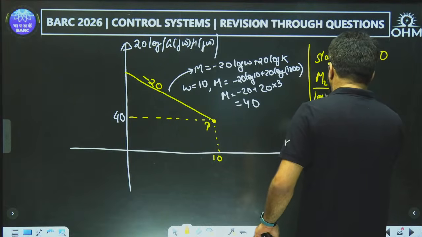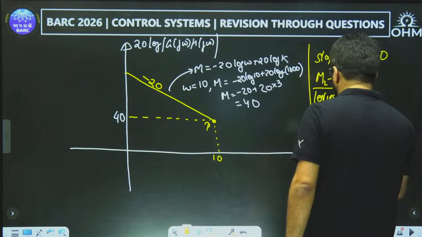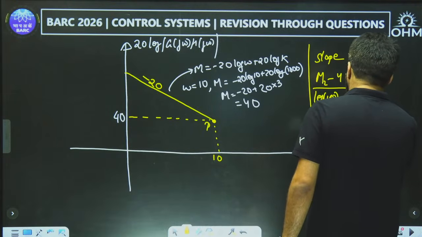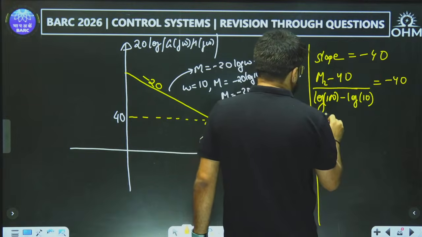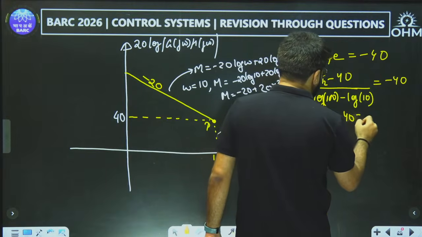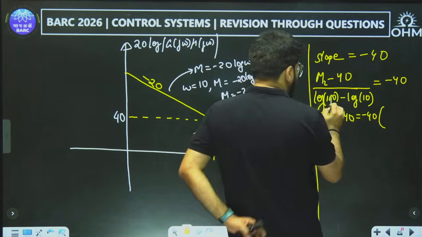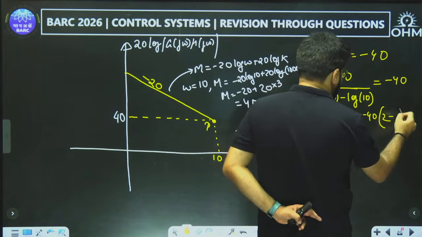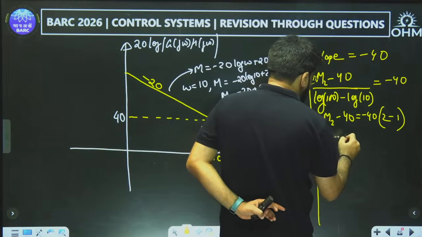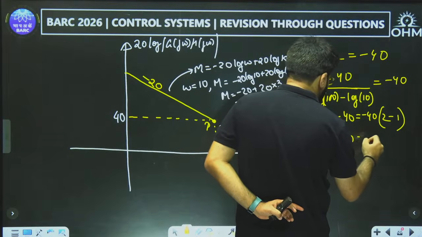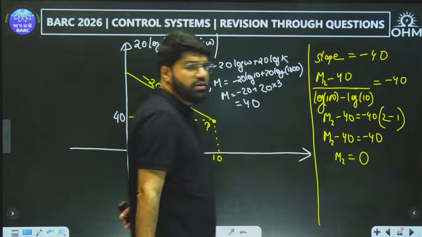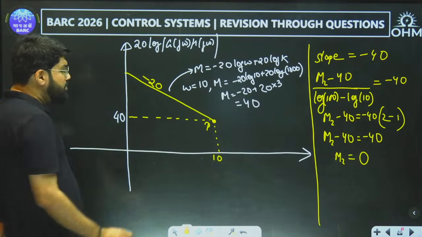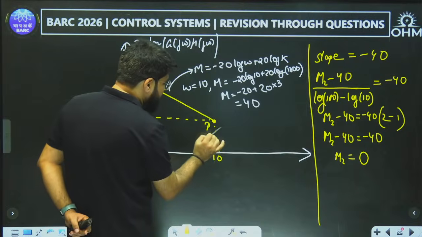So 40 divided by log of 100, the next frequency, minus log of 10. So (M2 minus 40) is equal to minus 40 into (log 100 minus log 10), log 100 is 2 and log 10 is 1, so minus 40 into 1. So M2 is actually 0. That means here you will change the slope.